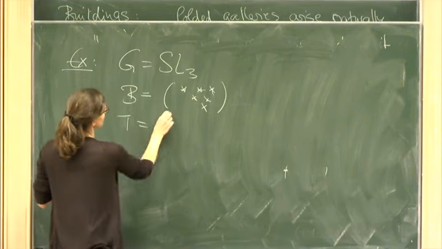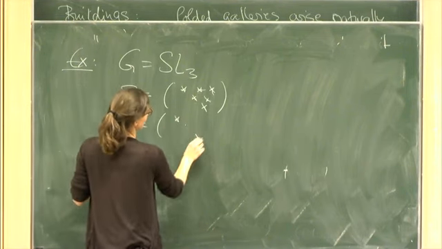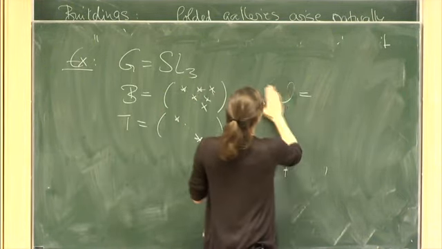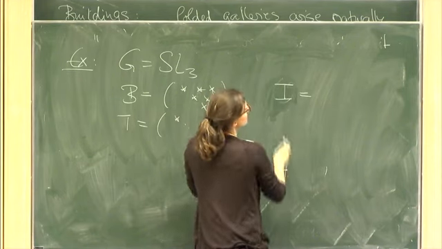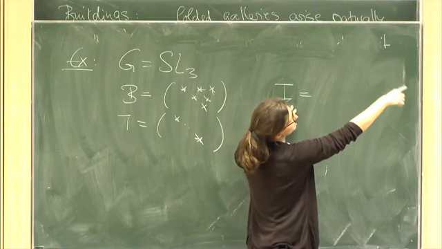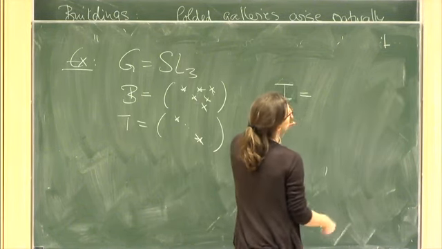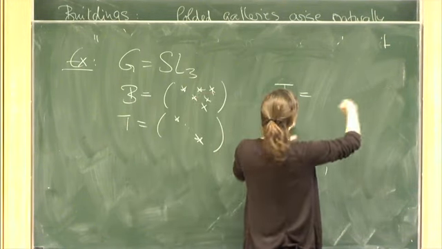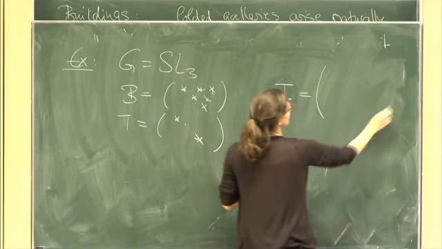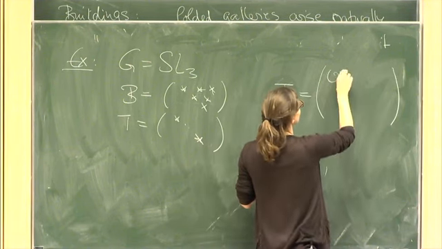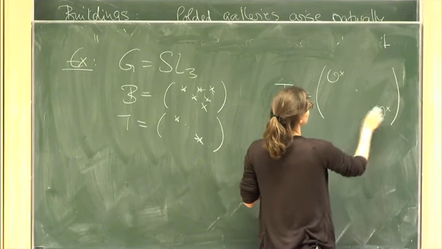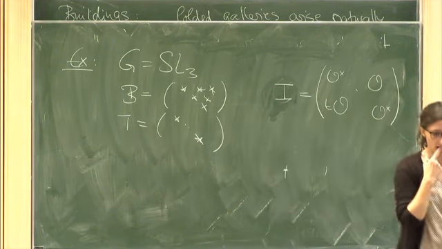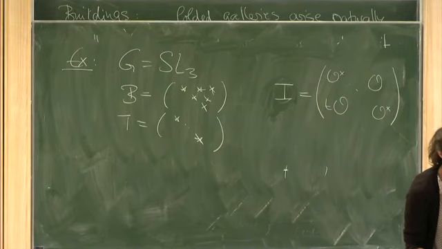Your torus becomes the diagonal matrices, and then the group I, which is the pre-image under this projection of O onto K of the Borel group, where you plug in K instead of F. So this becomes the following: multiplicative on the diagonal, t times O below the diagonal, and O above the diagonal.